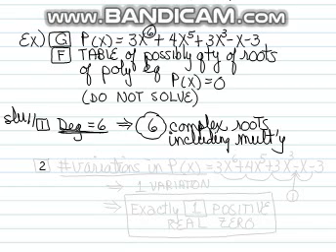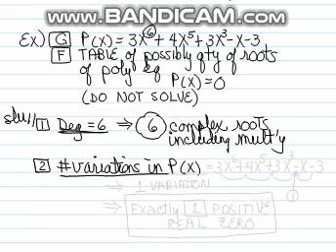Okay, so let's go to step 2. Step 2 says, well, here's where we address the number of variations in the polynomial, the number of variations in p of x. Well, p of x is equal to 3x to the 6th plus 4x to the 5th plus 3x cubed minus x minus 3.